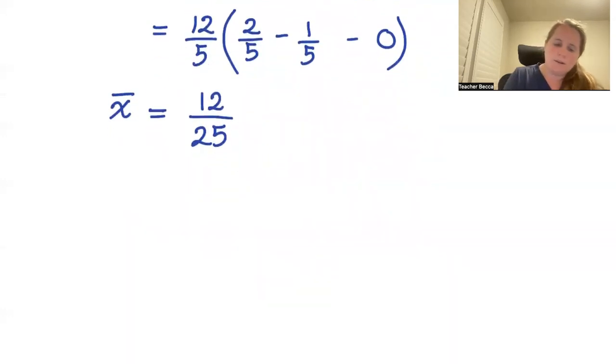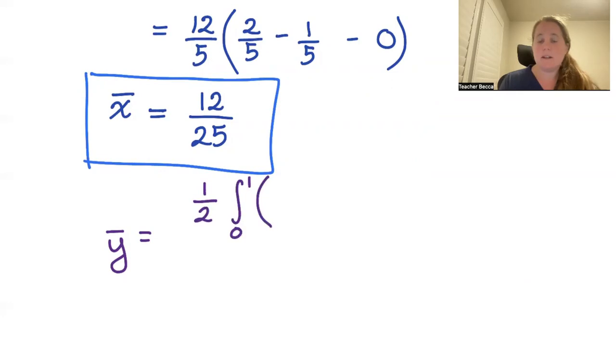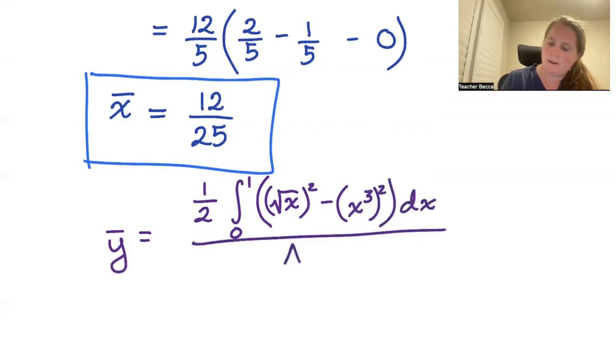For our y coordinate, we have our y coordinate as given by doing 1/2 the integral from 0 to 1 of f of x, which was square root of x, squared, minus g of x, which is x cubed, squared, dx, and then we divide again by the area.